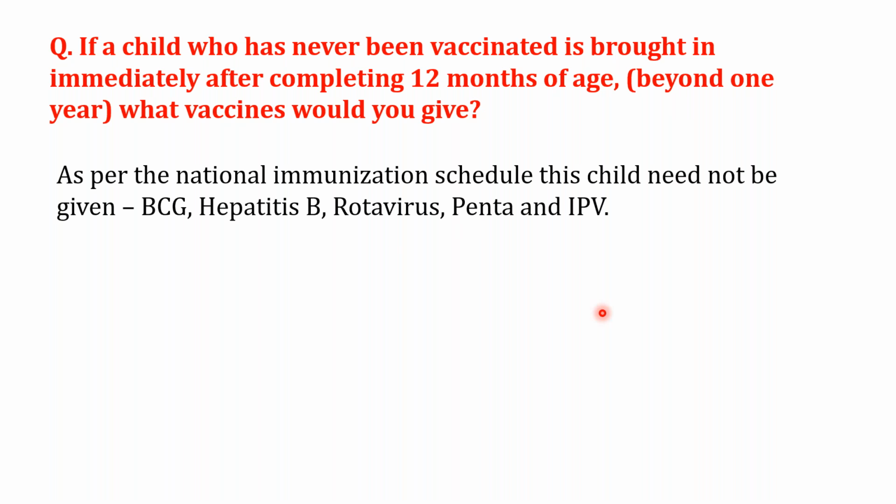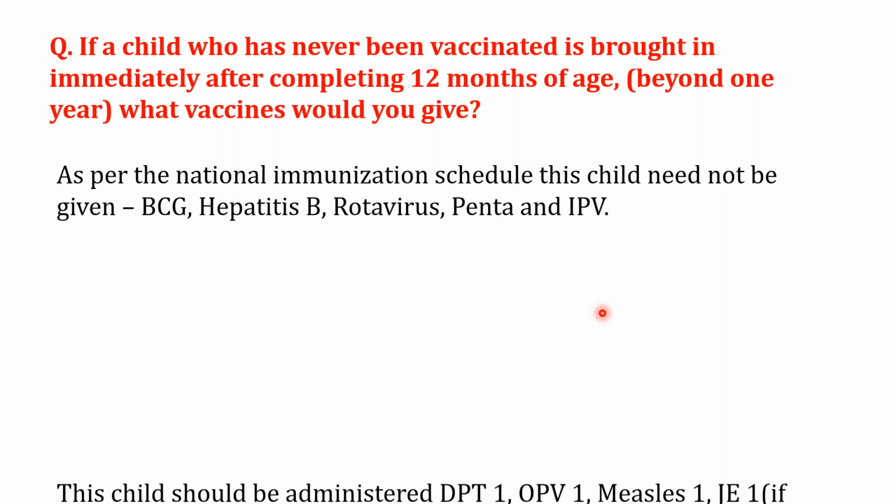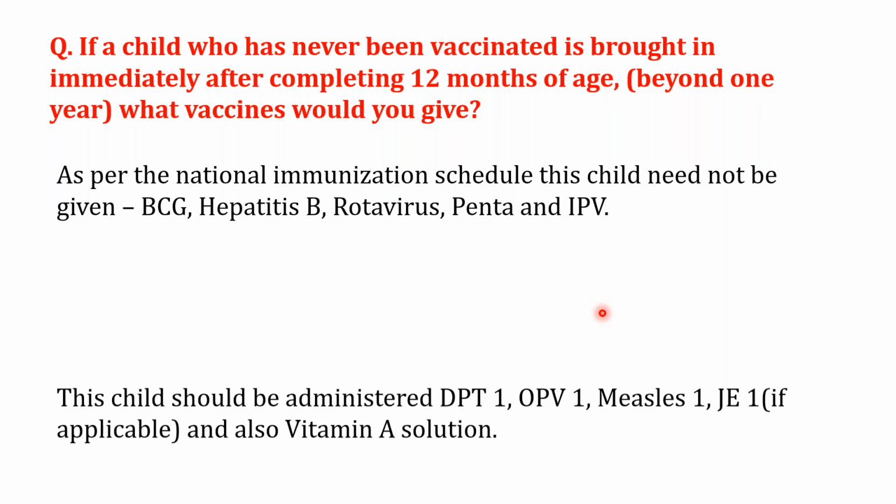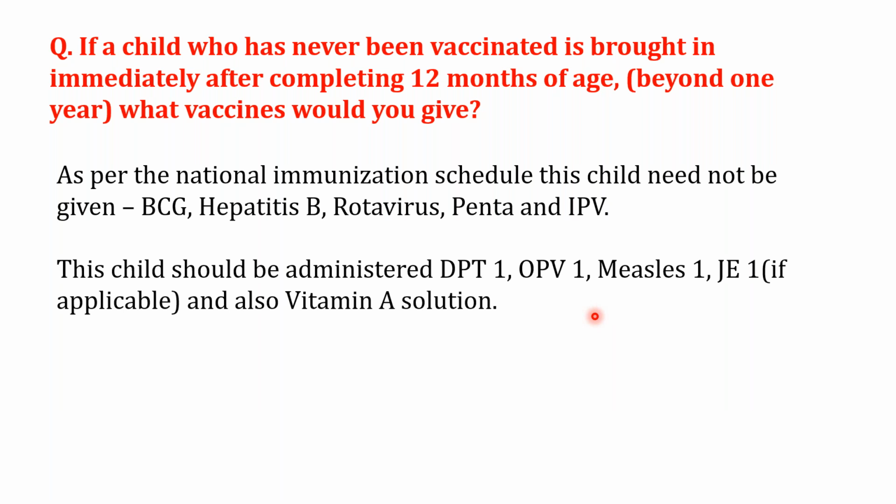All these vaccines are to be given only till 12 months of age according to the national immunization schedule. So we are left with OPV, measles, Japanese encephalitis if it is an endemic area, and vitamin A. So all these things should be given to this child.